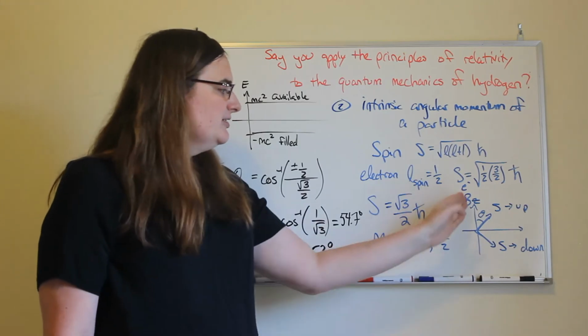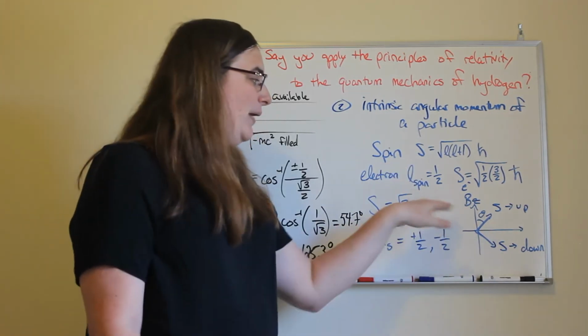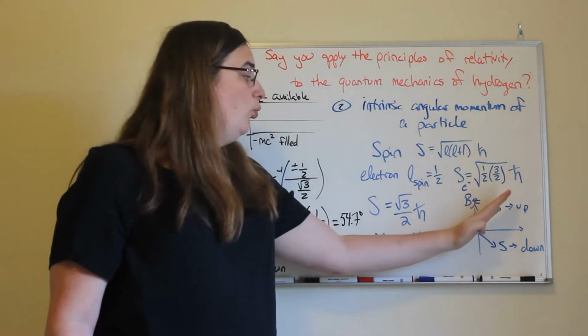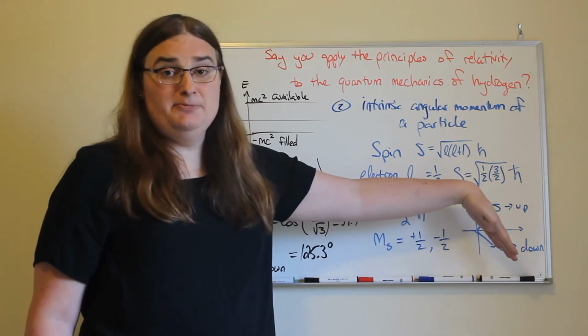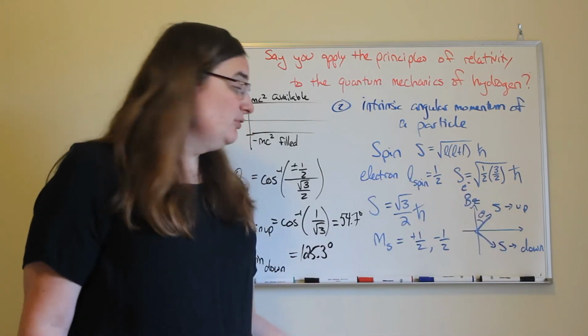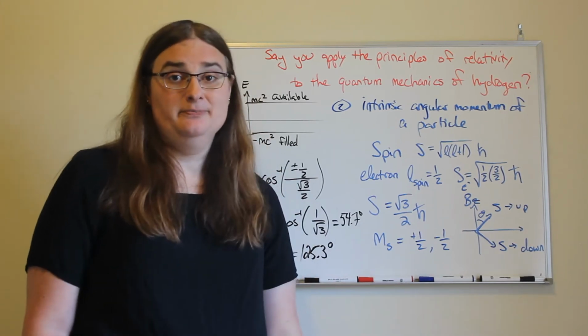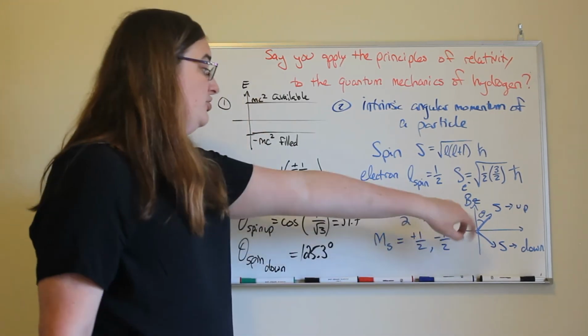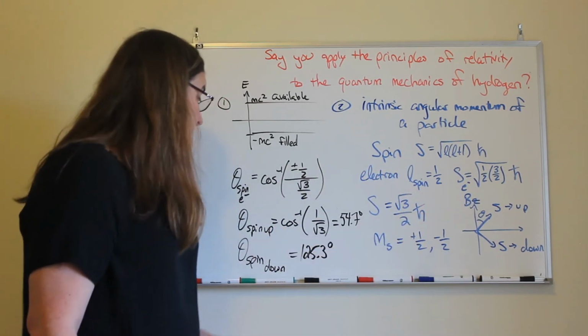So if we were to look at the projection of that spin angular momentum around a magnetic field, one of those spin angular momenta would be projected up, the other would be projected down. So we often refer to these as, instead of plus 1 or minus 1, spin up or spin down. Now, if we wanted to, we could calculate the angle between the magnetic field and the spin.